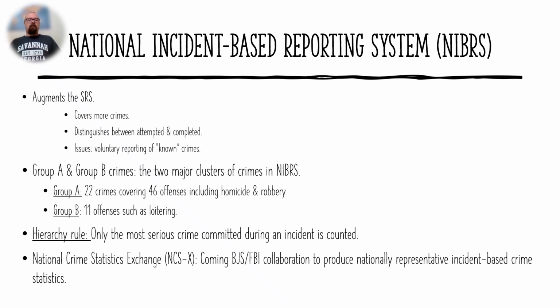And one of the limitations for the NIBRS is it's voluntary. Law enforcement isn't required to hand over their incident detail information. That's totally on a voluntary basis. Whereas there are some reporting standards with the UCR, there are not reporting standards with the NIBRS.